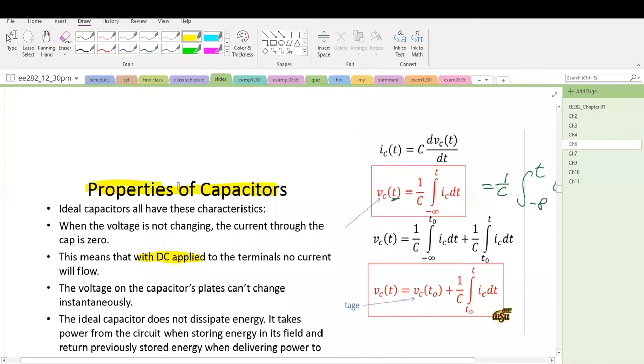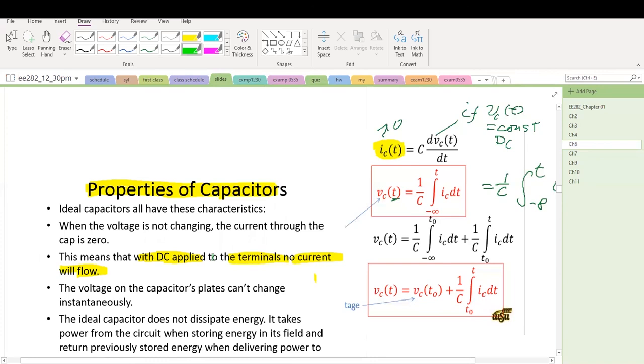Some important properties of capacitors when the capacitor is connected into a circuit. If DC is applied to the terminals of the capacitor, then no current flows through the capacitor. This can be understood by the current-voltage relationship: i_C(t) equals C times the derivative of the voltage with respect to time. If v_C(t) is constant, which is DC, then the derivative of a constant is 0.